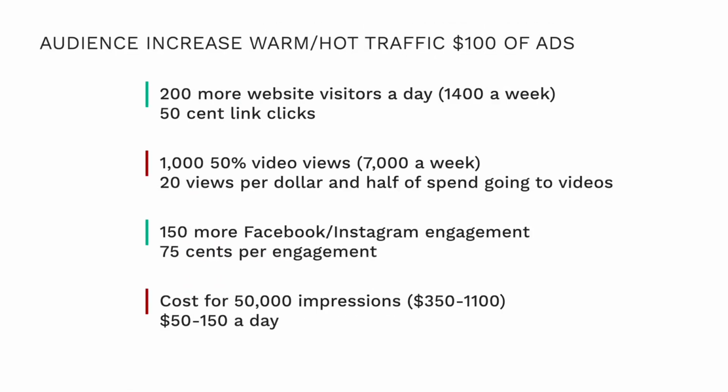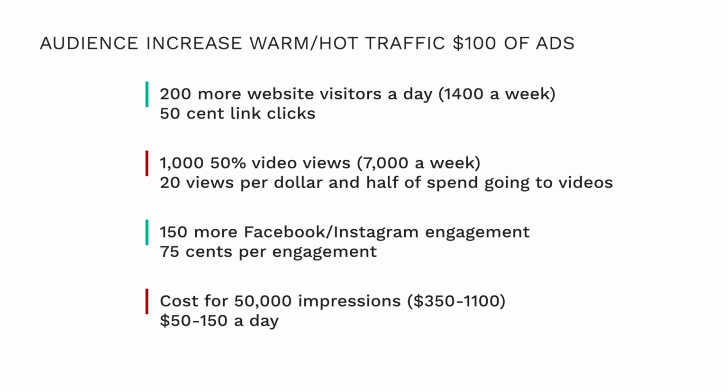You also want to consider when we're showing ads to cold traffic, we are adding a lot of website visitors or video views or people who have interacted with us to these warm and hot audiences. So this is also a ballpark that if we're spending $100 a day on those cold audience ads, we'd be adding 200 website visitors. The amount you pay for link clicks really varies.